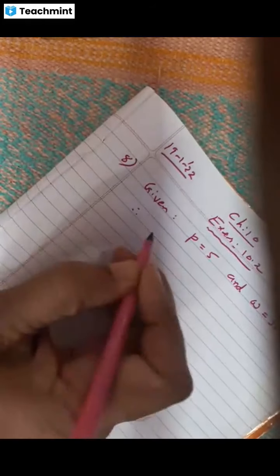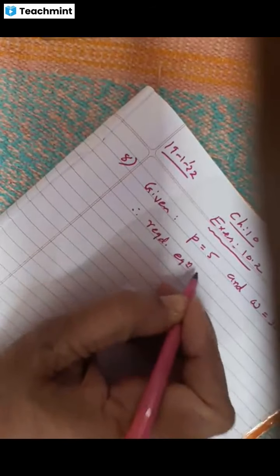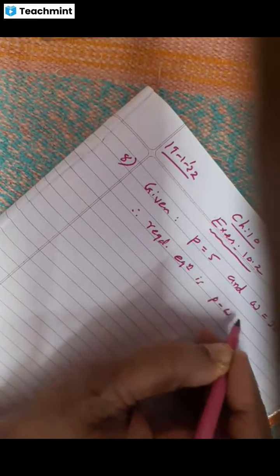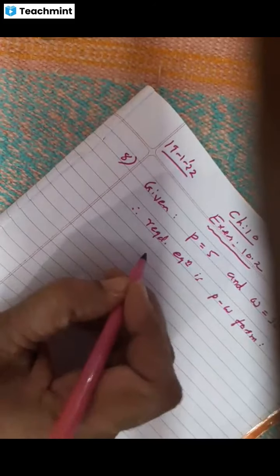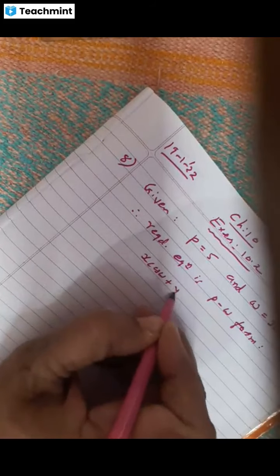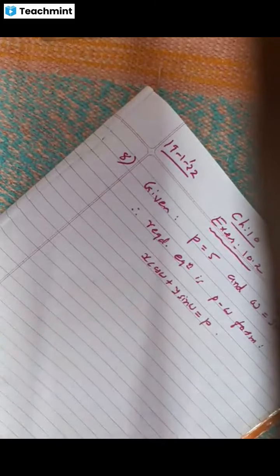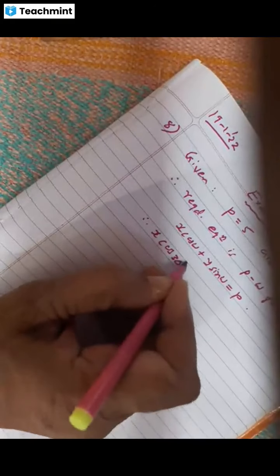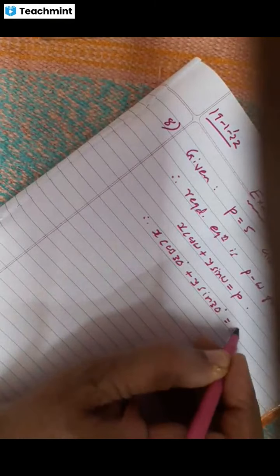So what will be the required equation? The required equation will be in the p omega form. So what is the p omega form? All of us know it is x cos omega plus y sin omega is equal to p. So x cos 30 plus y sin 30 is equal to 5.